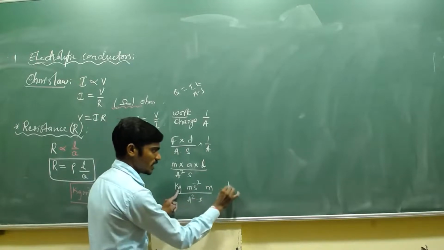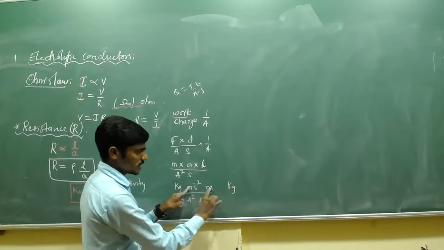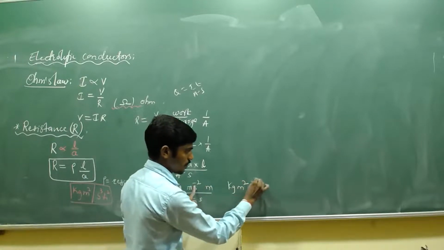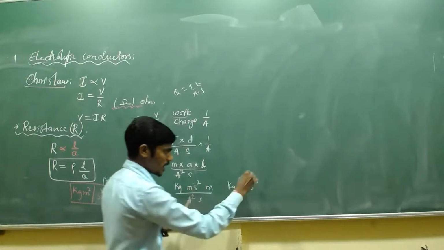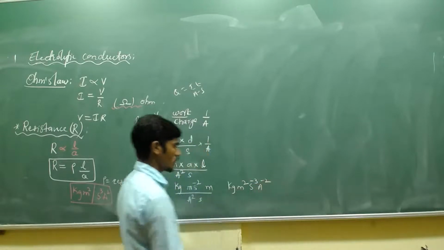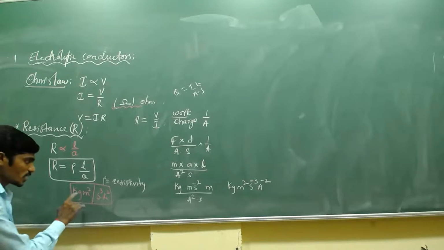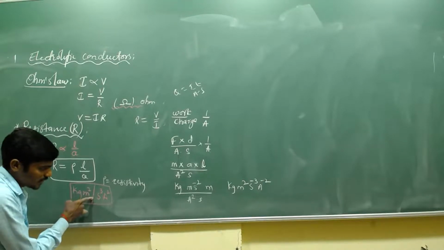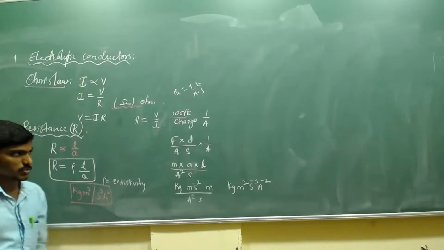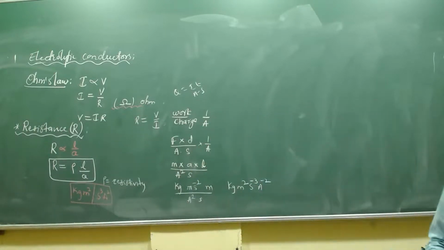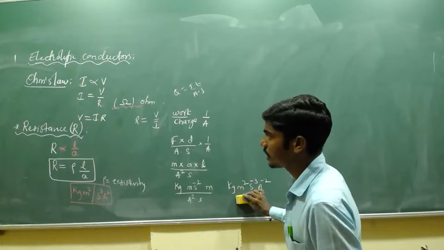Therefore the unit is kg meter square per second cube and per ampere square. The SI unit of resistance is kg meter square per second cube ampere square. It is not necessary; you can just note the SI unit of resistance.